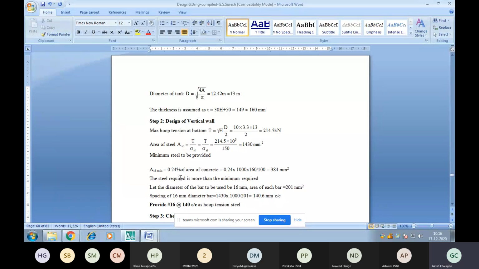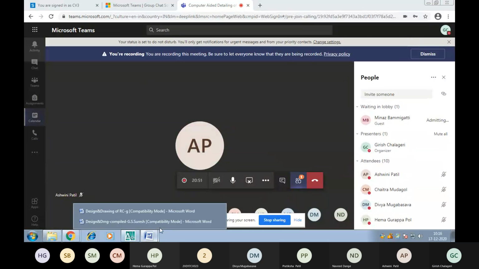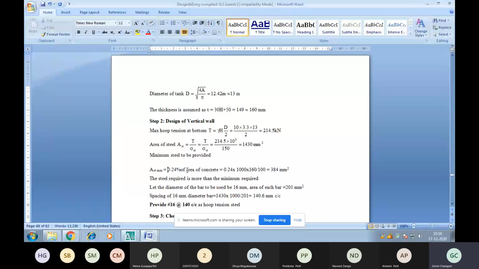So the area of steel for minimum will be 384 mm square, that is 0.24 divided by 100 into 1000 into 160. 1000 is per meter and 160 is the thickness of the tank. This 384 is very much less compared to the maximum reinforcement we got, which is 1430.